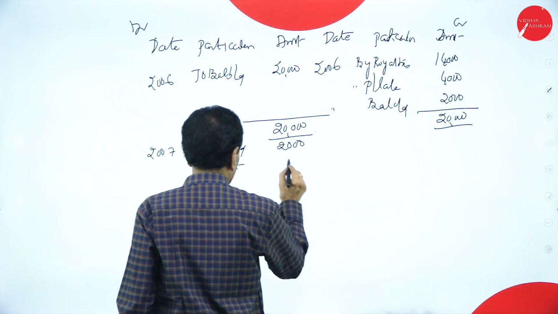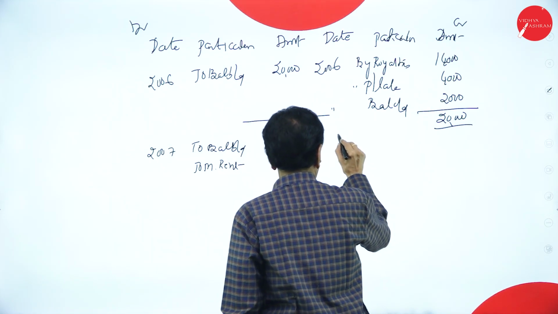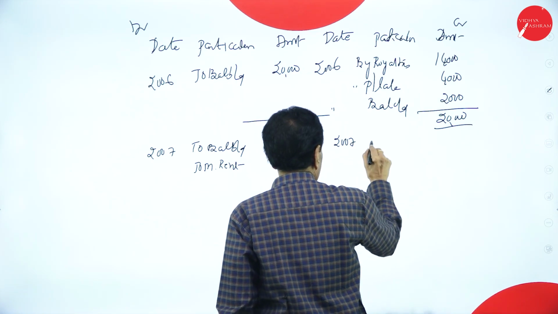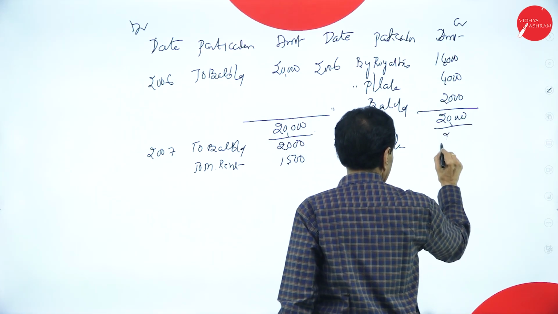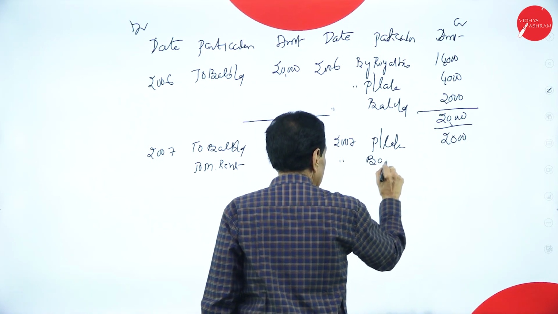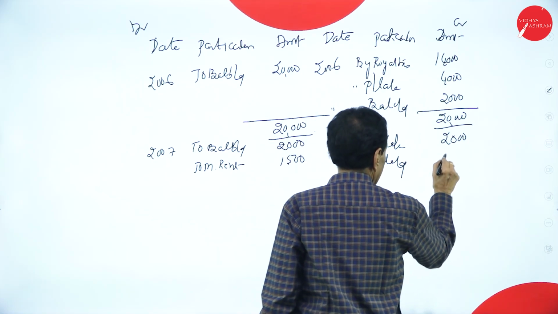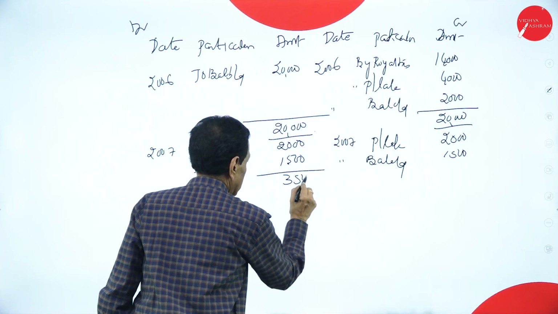How much is there? 1,500. Come back to 2007. By profit and loss account, which could not be recovered, 2,000. Balance carried down 1,500. Still 3,500.